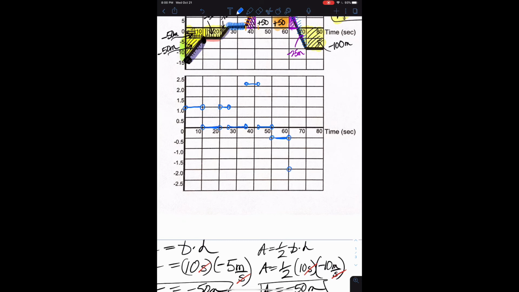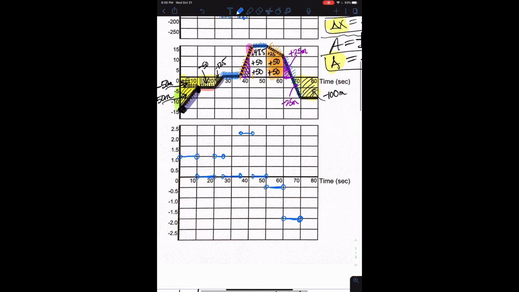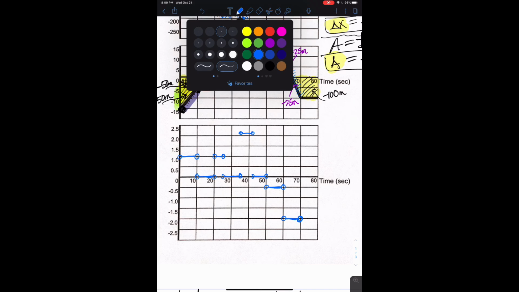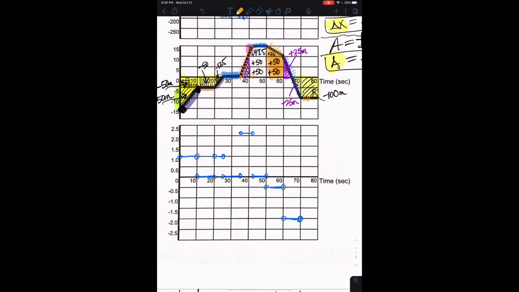So negative 2 right here. So far, so good. And then the last part's super easy, right? Just 0 again right there from 70 to 80. Let's add that in. Okay, and there we have it.